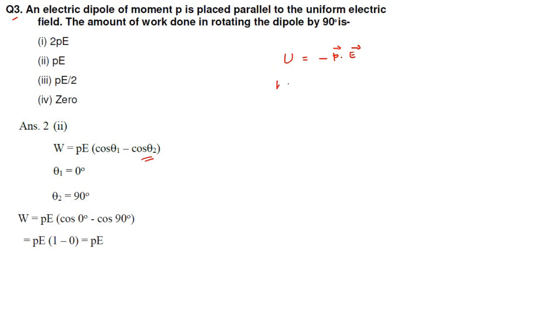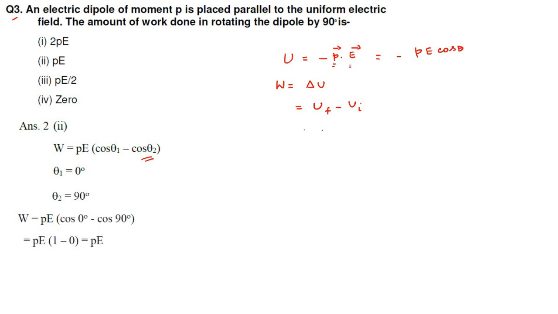You know that work done is the change in potential energy, that is final potential energy minus initial potential energy. When you simplify, you will get minus PE cos theta, where theta is the angle between the dipole moment and the electric field.